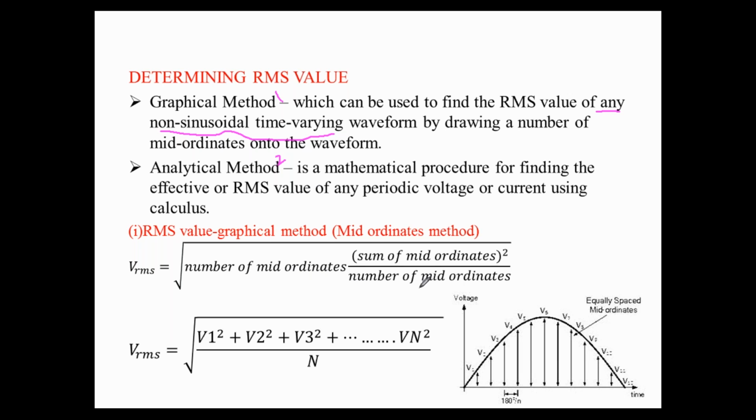Now these are the methods, for the graphical method, similar to the average value. It is the square root of the sum of mid ordinates squared by the number of mid ordinates, for the graphical method.